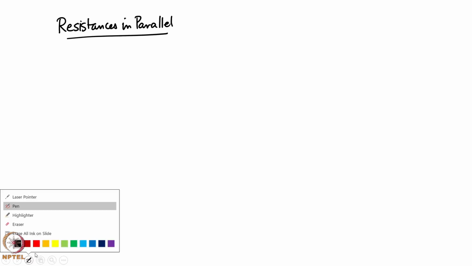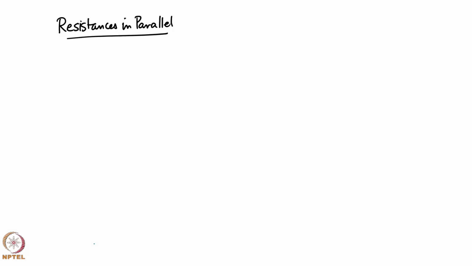If I have multiple paths for heat transfer across the same delta T, then resistances will be in parallel. What do I mean? Very simple, I am going to tell you. We will go to the slides, that is not a problem.